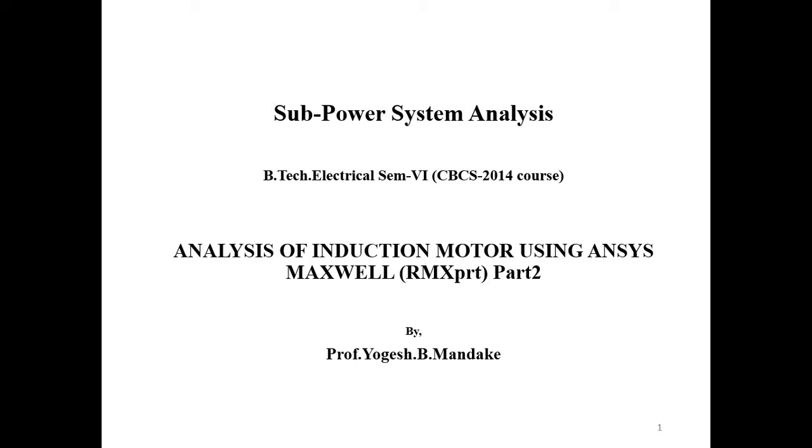And in electrical engineering, different equipment are manufactured with the use of magnets, which are nothing but relay, circuit breaker, transformer, generator, motor, etc., and whose study is possible with the help of the ANSYS Maxwell RMxprt tool.